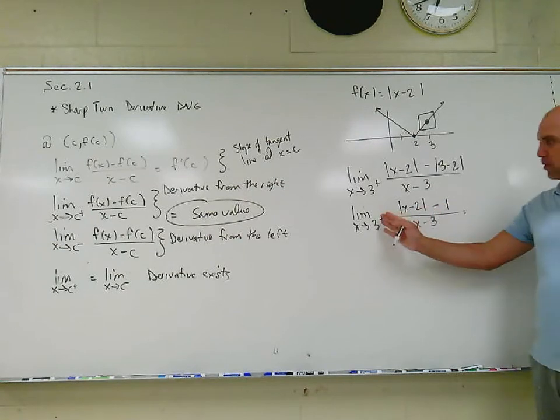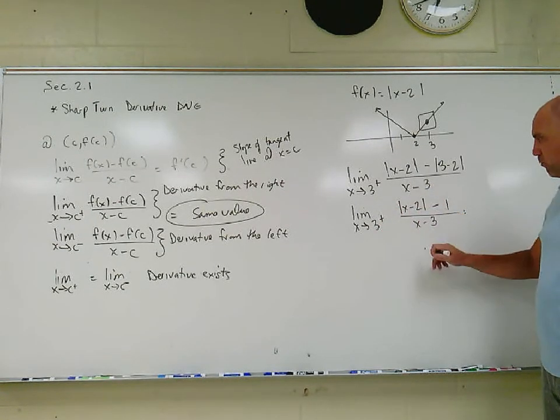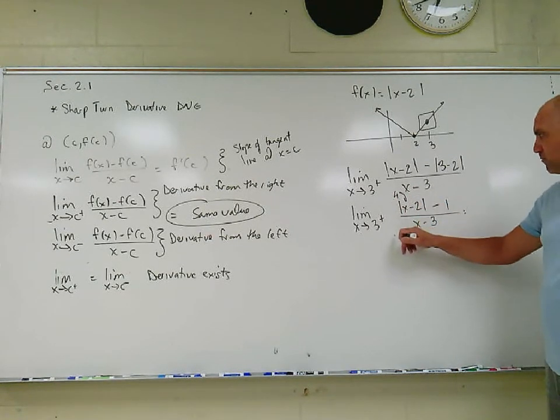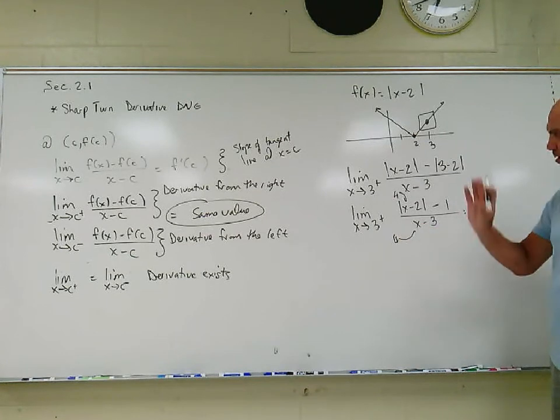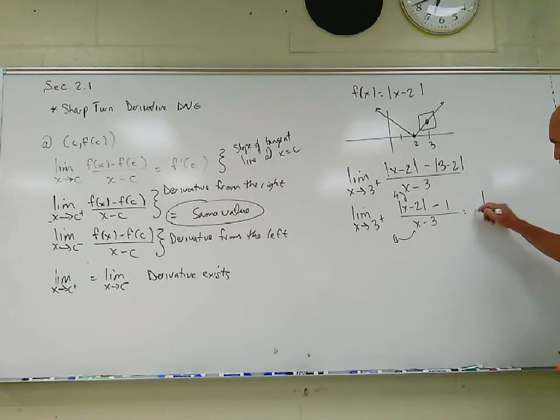But instead of plugging in 3, just plug in a 4, because we have to approach 3 from the right. If you plug in a 4, what do we get? Then we'll plug in a 3.5. You get 2 minus 1, which is 1, over 1. That's 1.